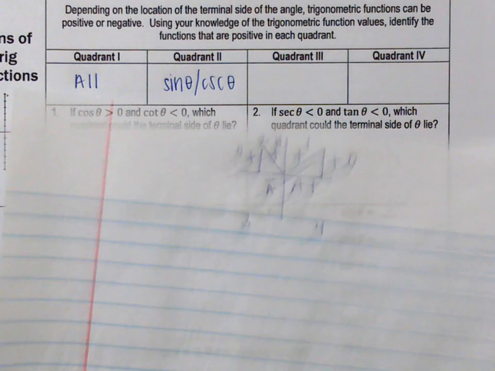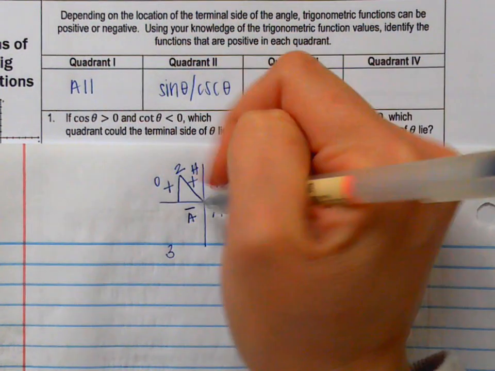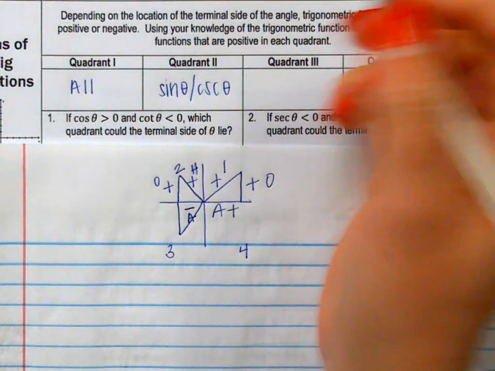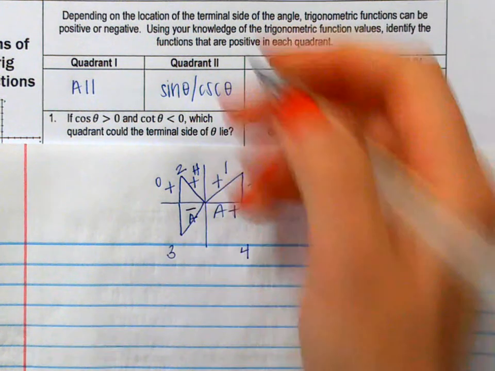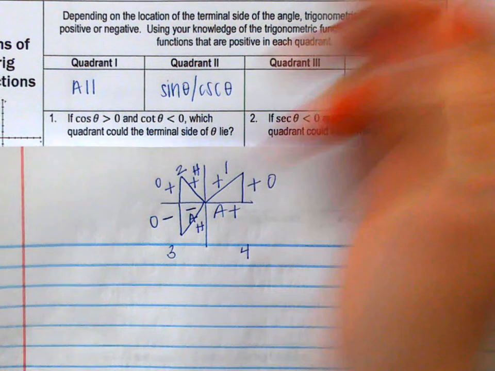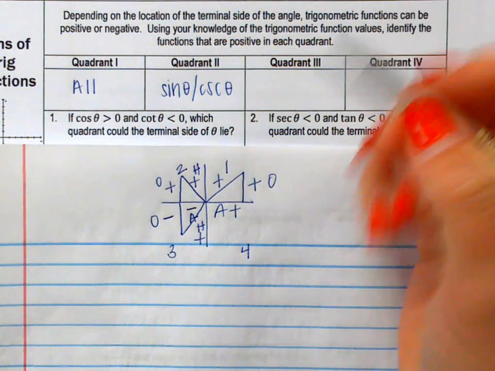Okay, the next is quadrant 3. Now with this, the adjacent is still negative, just like here, but now the opposite is also negative. And the hypotenuse is positive. So we did this before.